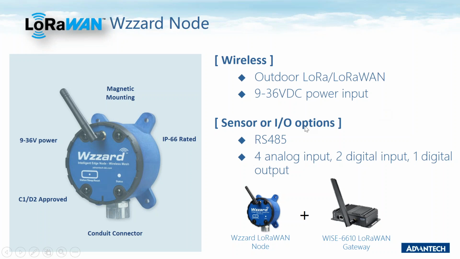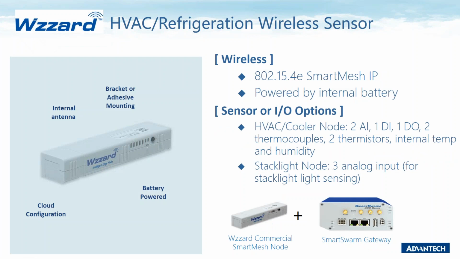And then it's got the RS-485 Modbus interface and several different I/O options as well. But again, this is LoRaWAN talking back to either the 6610 Advantech LoRaWAN gateway or a public LoRaWAN provided by Actility or The Things Network or other LoRaWAN operators.